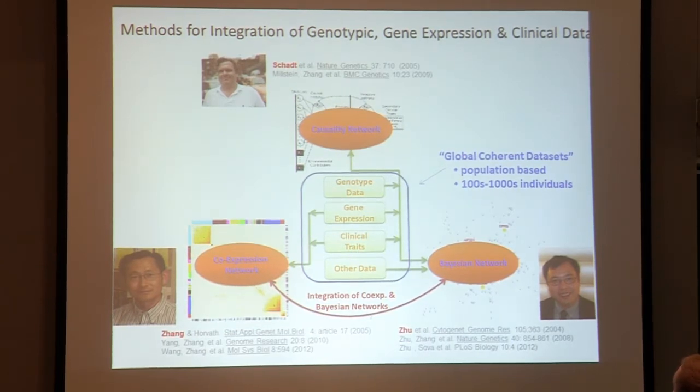About 8 years ago, we developed three different types of network inference methods, all simultaneously. Eric published the first linear regression-based causality test in Nature Genetics in 2005, and Zhang published a paper in 2004 about how to use genetics as a prior for Bayesian network construction.